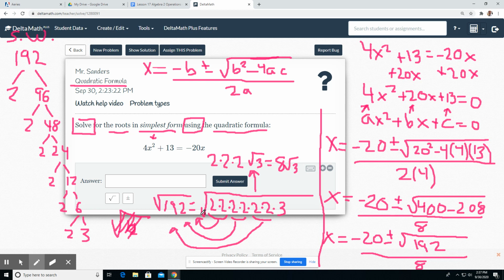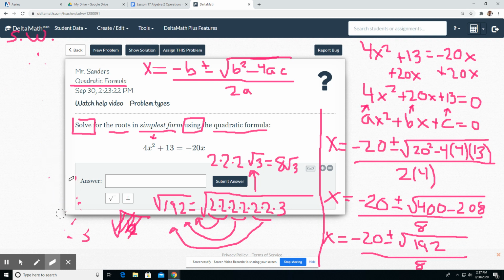Okay, so that looks like almost everything we need. Let me erase a little bit. Almost done. So I have my original right here: x equals negative 20 plus or minus the square root of 192 over 8.